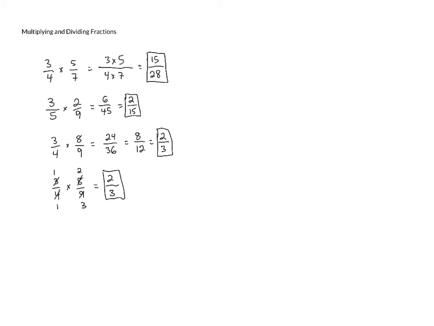We can cross-cancel whenever one of the numbers in the top has the same factor as one of the numbers in the bottom. We can't cancel something that is common between both of the denominators or both of the numerators. It's got to be one numerator that is canceling with one denominator.